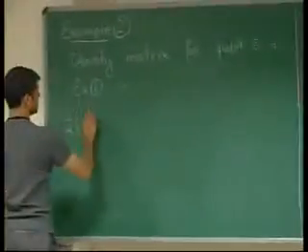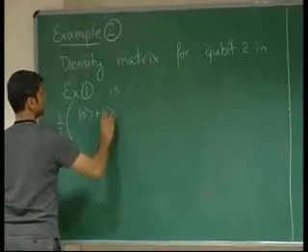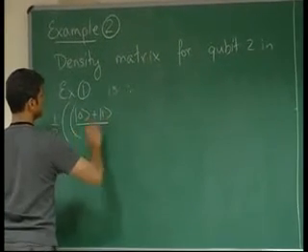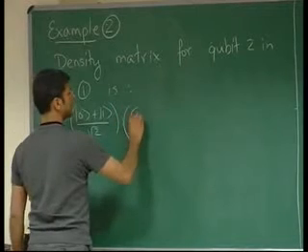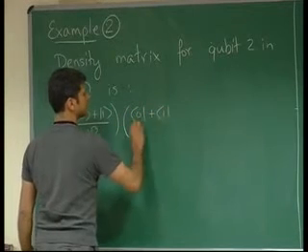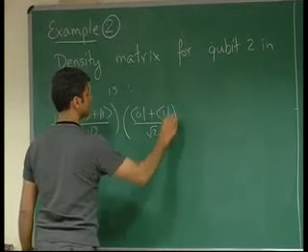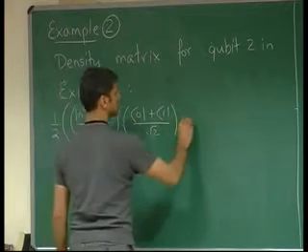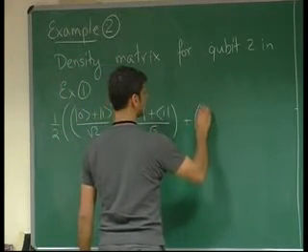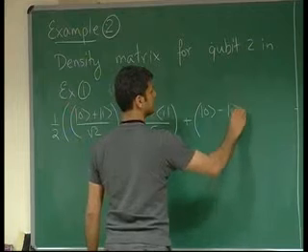So this looks like 0 plus 1 over square root 2 and its conjugate transpose here. This is a matrix product and a similar matrix product for 0 minus 1.